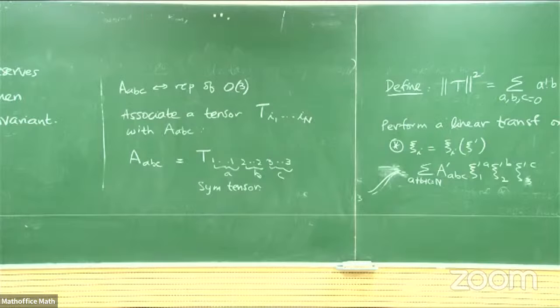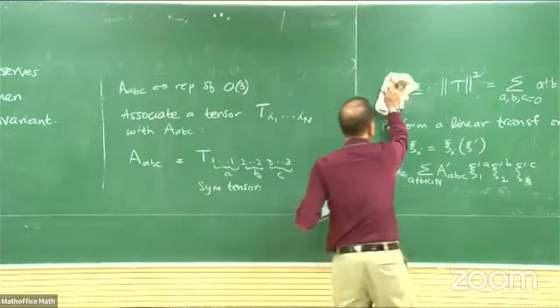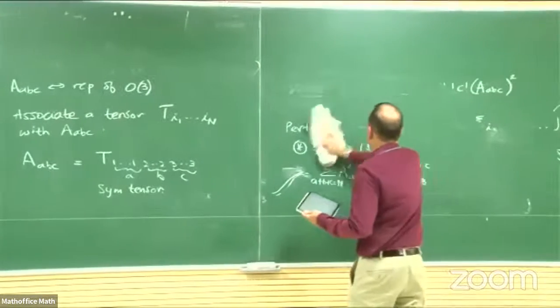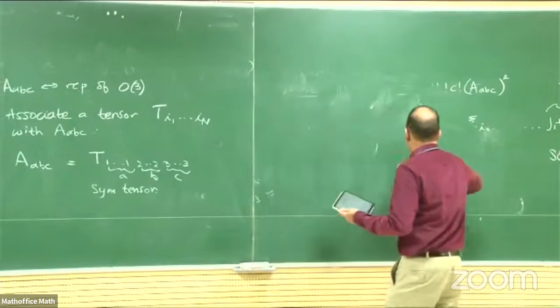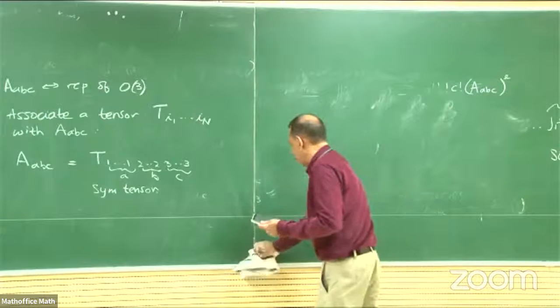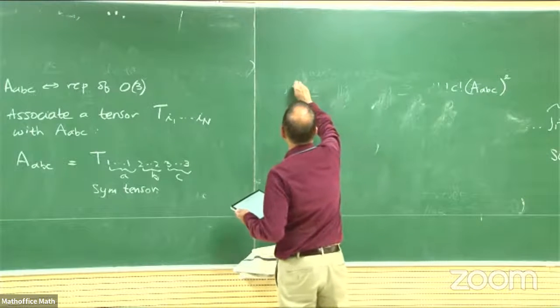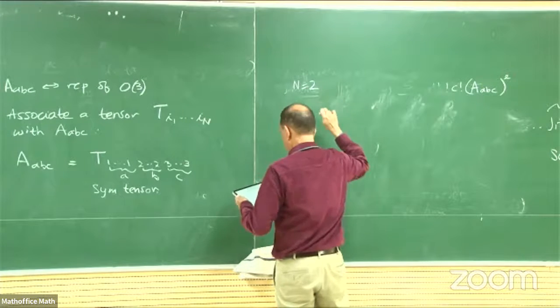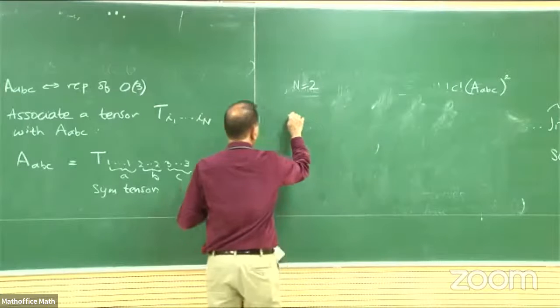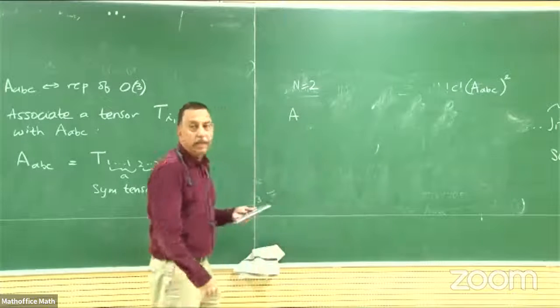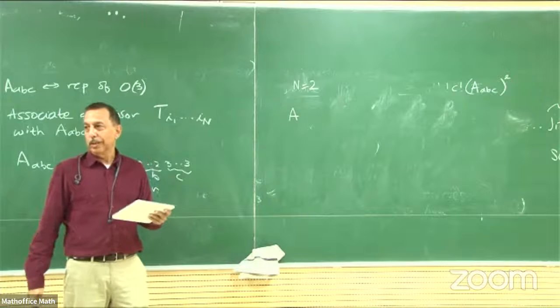And to demystify it a bit, I'll show you the rank 2 case where it's extremely easy. So if N is 2, let's just do N equals 2. Then what A's am I allowed? So I have indices A, B, and C which sum up to 2. Okay.